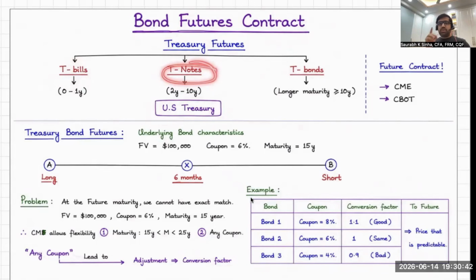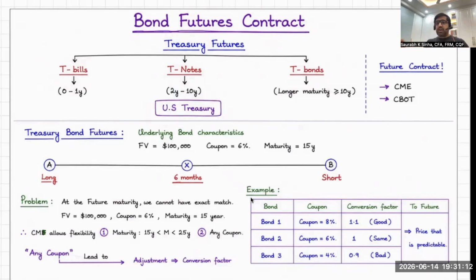T notes have a maturity between 2 year to 10 year, and T bonds generally have a maturity between 20 year to 30 year, or specifically you can say 20 year and 30 year. These are the different kinds of fixed income instrument that US Treasury issues in the market.